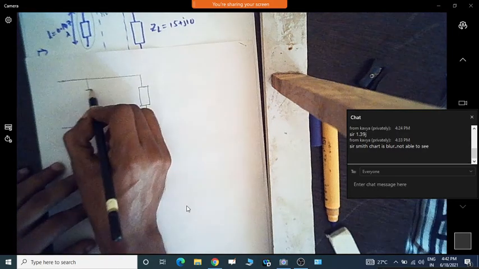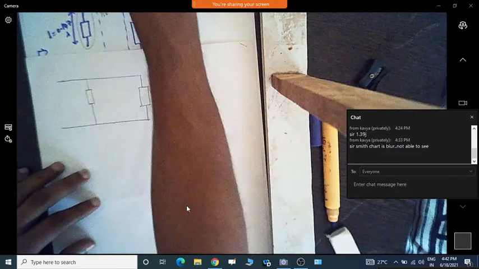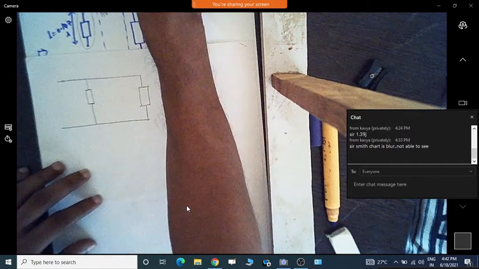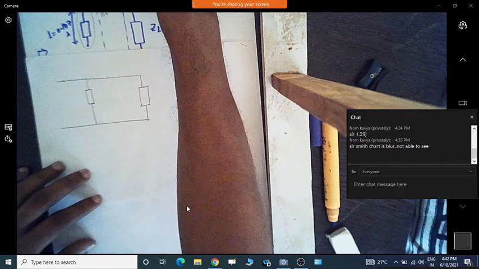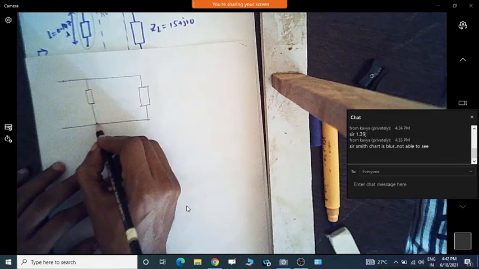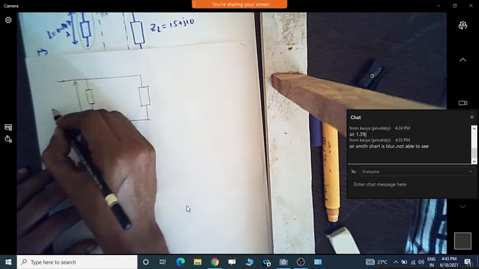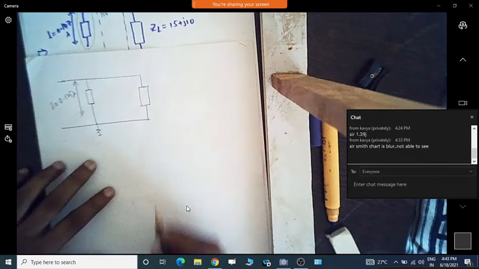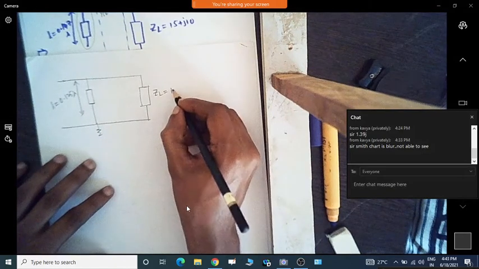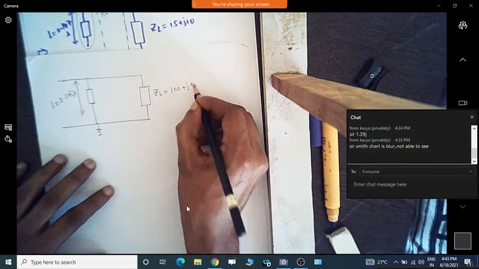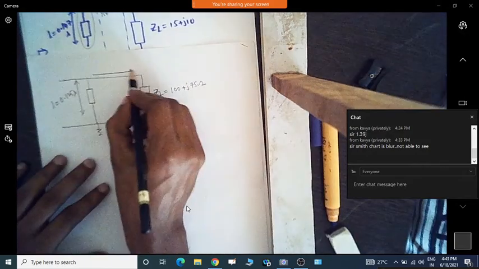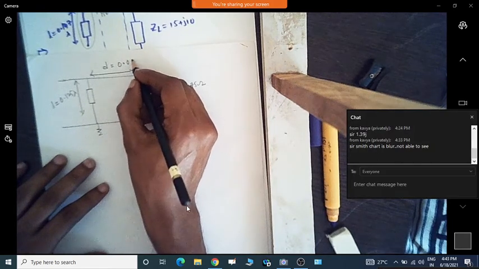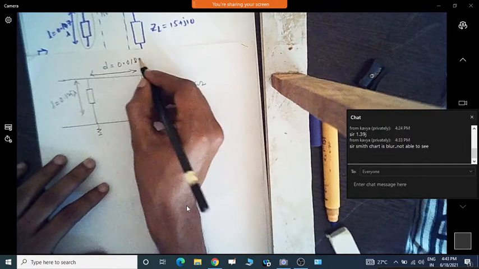Okay. So this is a short circuited stub. Take the length of the short circuit stub equal to something like 0.125 lambda, ZL around 100 plus J75 ohm, and the distance between the load and the stub point something like 0.0115 lambda.